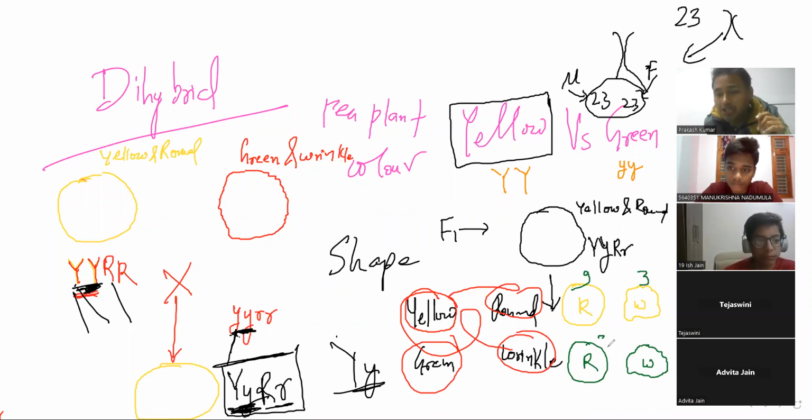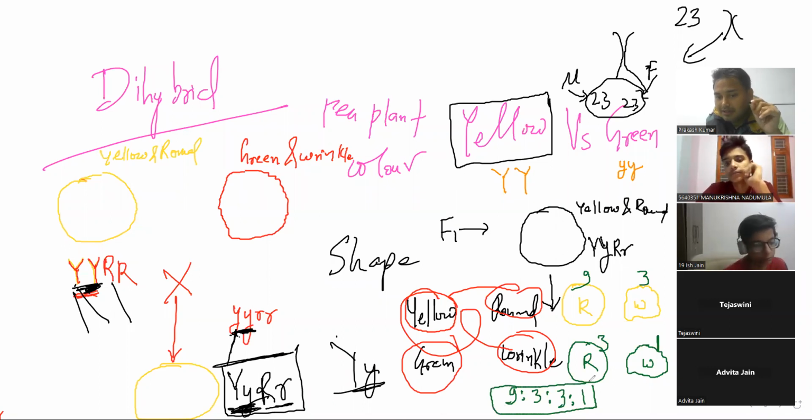So its ratio will also be 3. This one is wrinkled and green, both recessive, so it will be only 1. So the ratio should be 9:3:3:1.